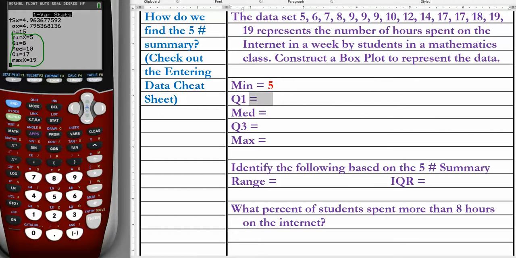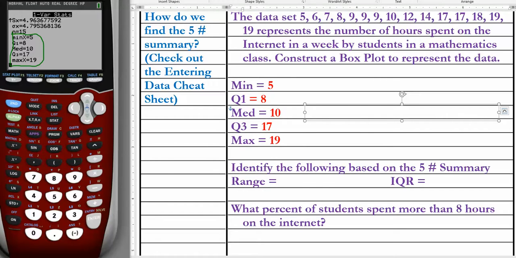Our first quartile is 8. Our median, or second quartile, is 10. There was the one I needed to correct. Our third quartile is 17. And our maximum is 19.